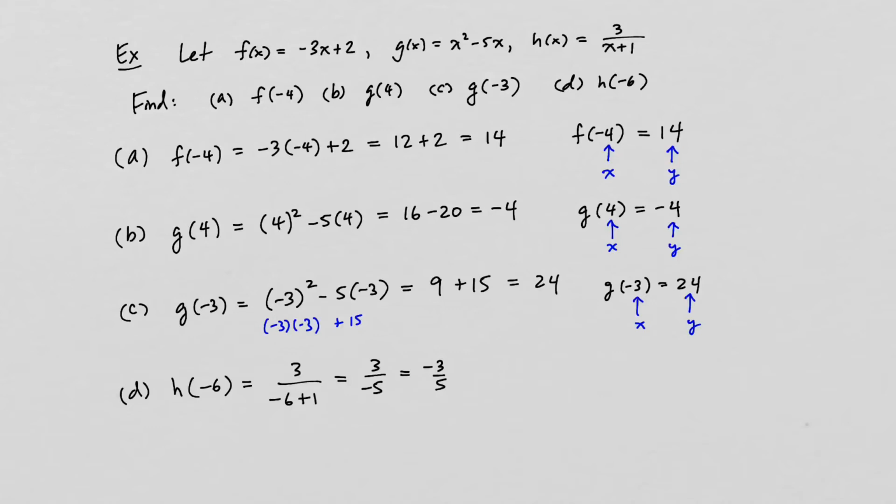You could also give a decimal answer here, but fraction answers most of the time are good enough. So h of negative 6 is negative 3/5. And again, x equals negative 6 produces a y value of negative 3/5.